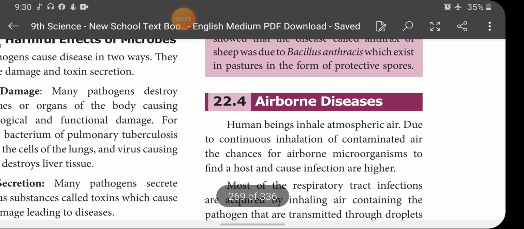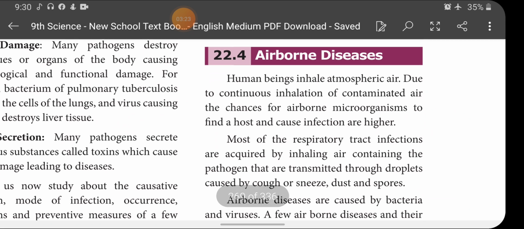Then airborne diseases. Human beings inhale atmospheric air. Due to continuous inhalation of contaminated air, the chances for airborne microorganisms to find a host and cause infection are higher.